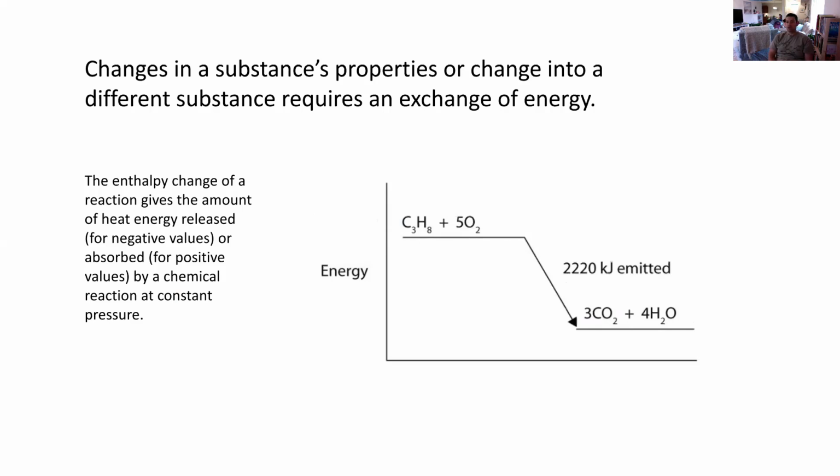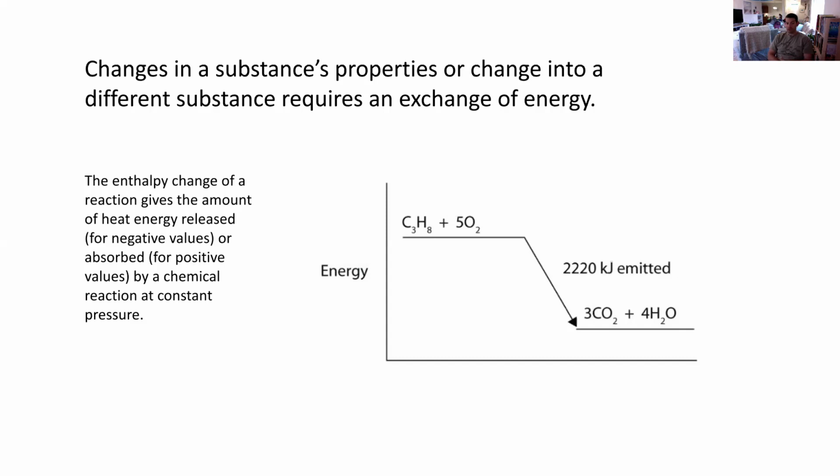So there's two ways we can write this reaction. We can do C3H8 plus 5O2 yields 3CO2 plus 4H2O plus 2,220 kilojoules. We can write the heat that is released as a product.